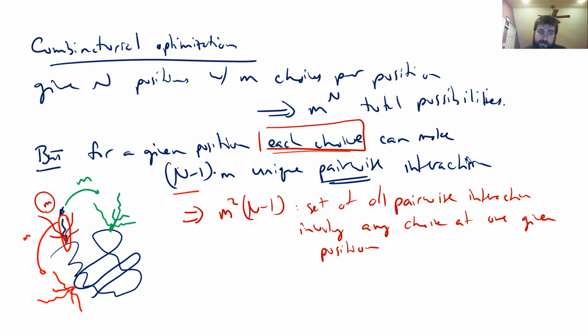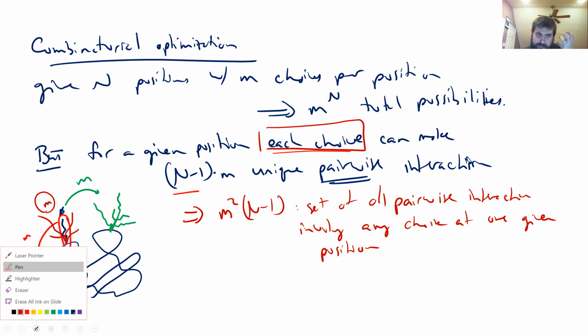Now, that's the interactions that one position can make. If we now ask, what if we look at all possible positions, and we ask the same question, what are the pairwise interactions that we get out of this?